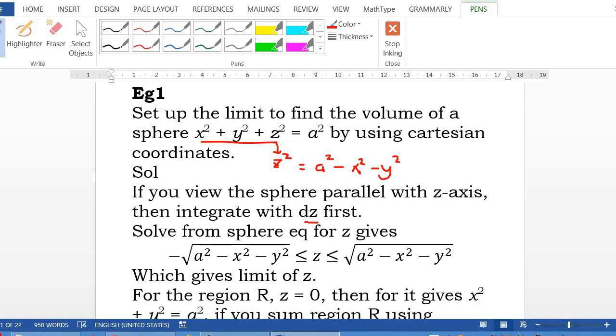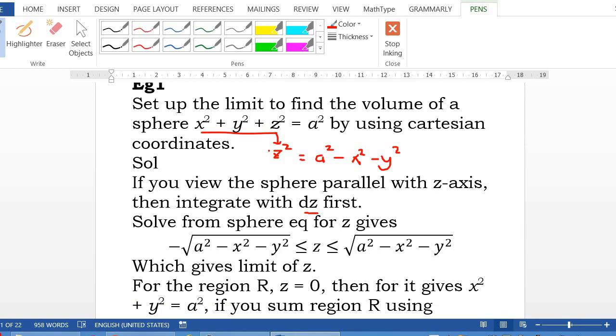Then we take the square root. So z is negative square root of a squared minus x squared minus y squared, which will be the lower surface of z, or the lower hemisphere. And z equal to positive square root of a squared minus x squared minus y squared is the upper hemisphere.